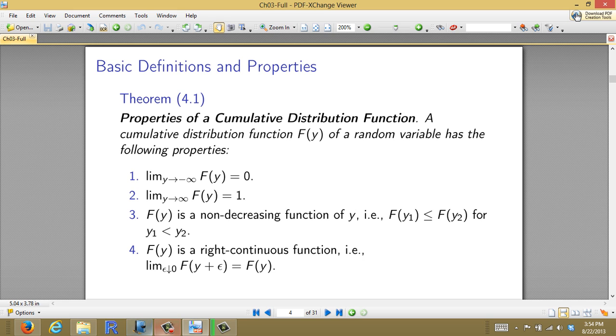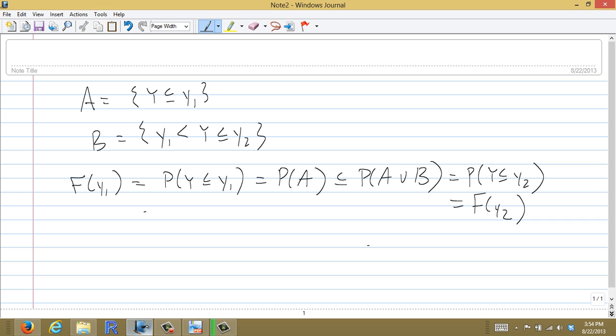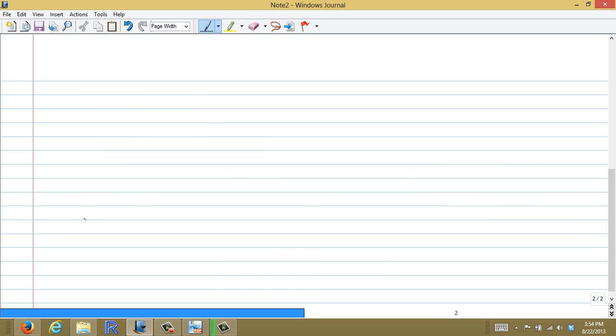So in other words, what that means is that if I were drawing a graph of my CDF function, it's certainly possible that I could have a hole where my CDF jumps.